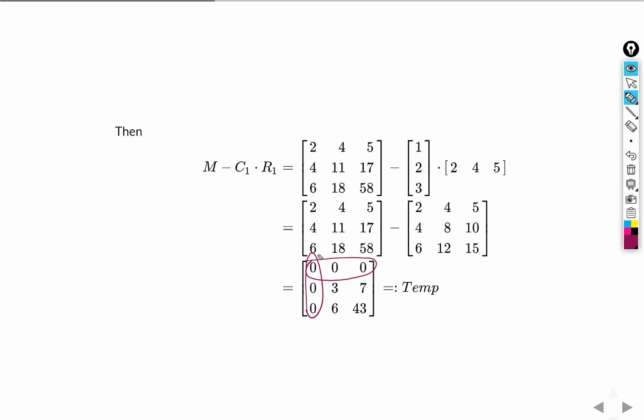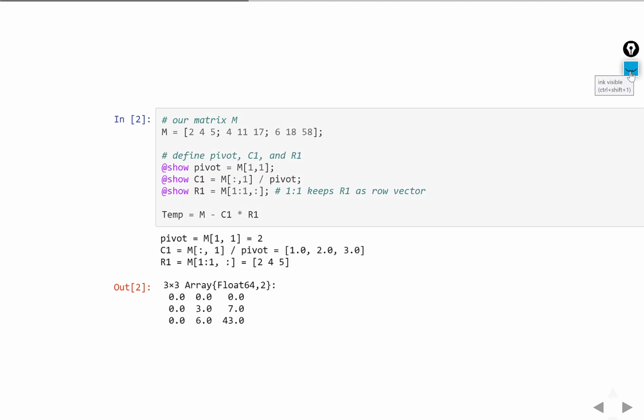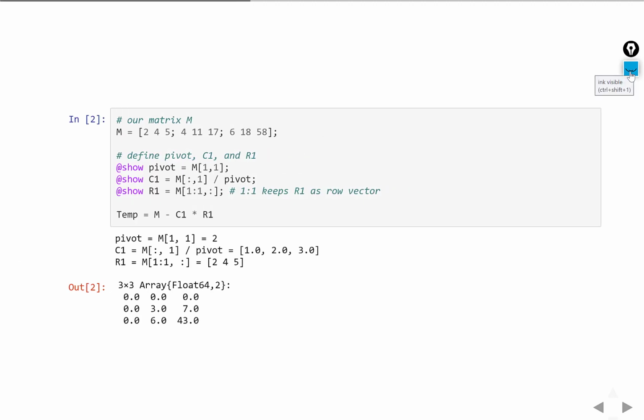Then we define a new variable, temp, to keep the result for the next step. We can do the calculation in Julia as well. We define pivot, C1 divided by pivot, and R1, and we get our temp variable.